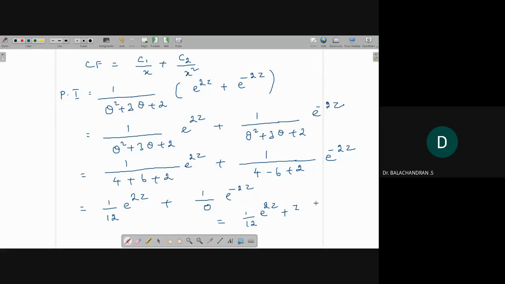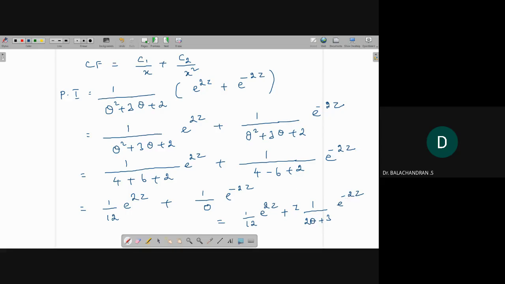There you will multiply by x, because x is the independent variable. Now here you should multiply by z, differentiate here with respect to theta. So 2 theta plus 3 into e power minus 2z. Now replace here theta by minus 2.